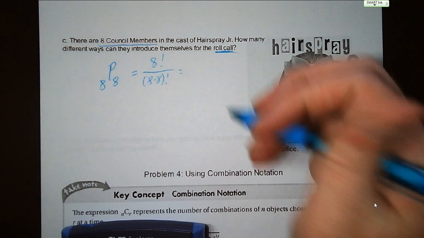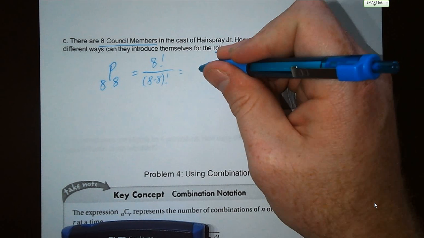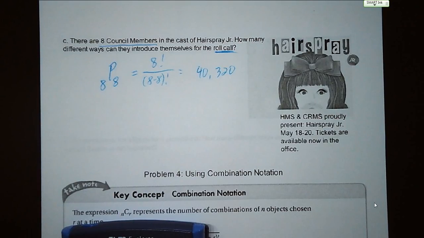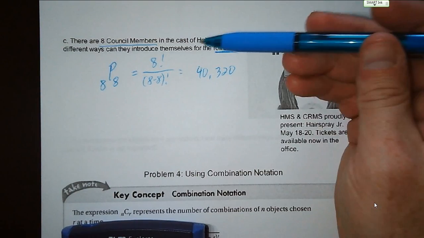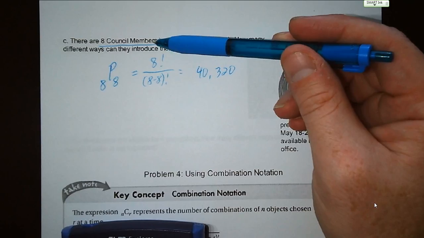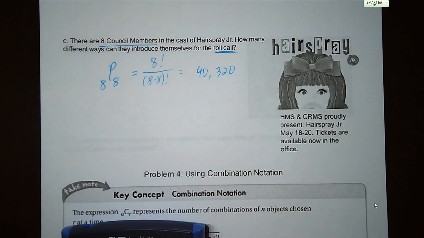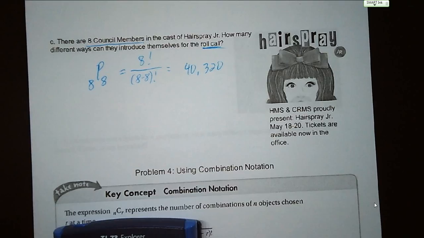So it'll still be 40,320 combinations. Even though this really would be the multiplication counting principle, this is what we did before by using factorials, where we're just arranging them permutations at a time, but we're using all of the spots. All of the council members are going to be used. There's going to be no leftovers. So this is the total number that you would have.